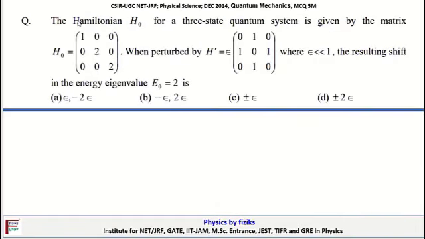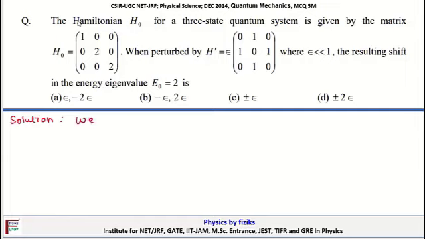The Hamiltonian H0 for a three-state quantum system is given by the matrix H0 equal to [1 0 0; 0 2 0; 0 0 2]. When perturbed by a Hamiltonian H', where epsilon is less than 1, the resulting shift in the energy eigenvalue E0 equal to 2. So first, this problem is related to time independent degenerate perturbation.